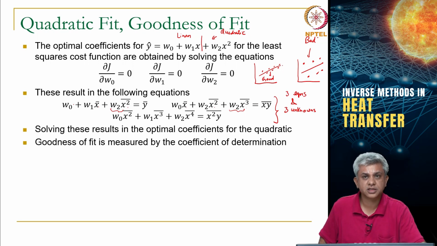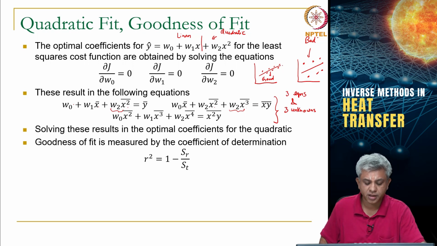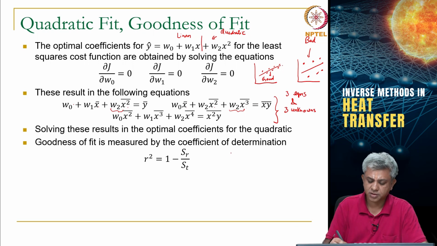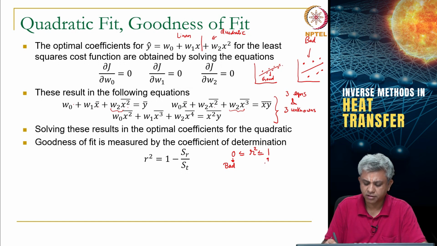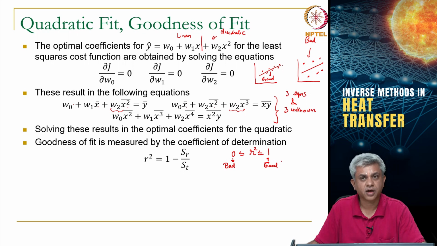So, this goodness of fit is determined by something called the coefficient of determination, and the coefficient of determination is given by this expression: r square is 1 minus SR by ST. We must remember that this will always come out to be between 0 and 1, and 0 means a bad fit, and the best possible fit that you can get is r square equal to 1.